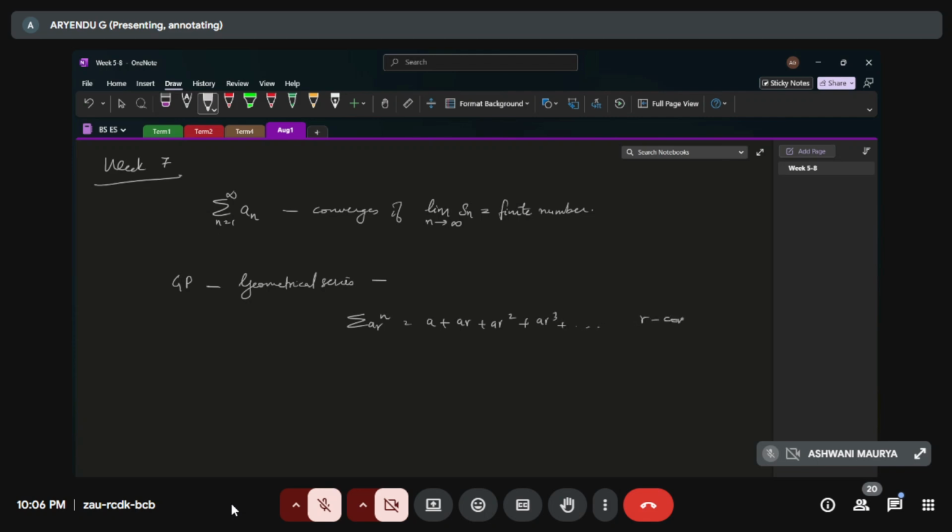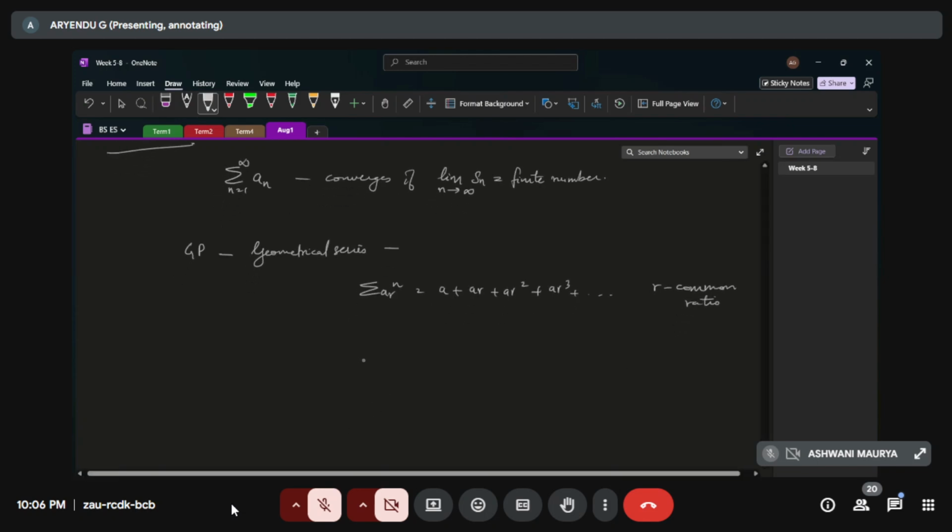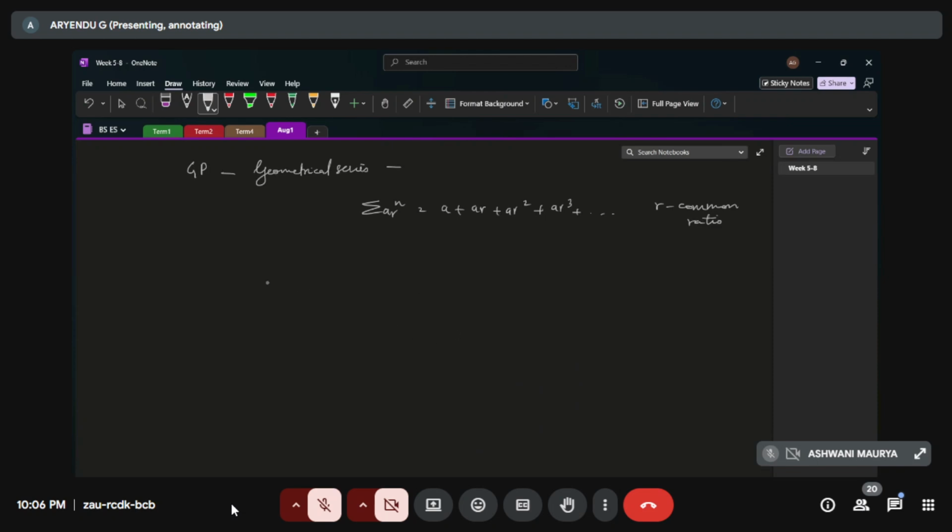And this r is the common ratio. Then we have the power series, which has a format as such: sigma n is equal to 1 to infinity a_n x raised to n. This is the power series.